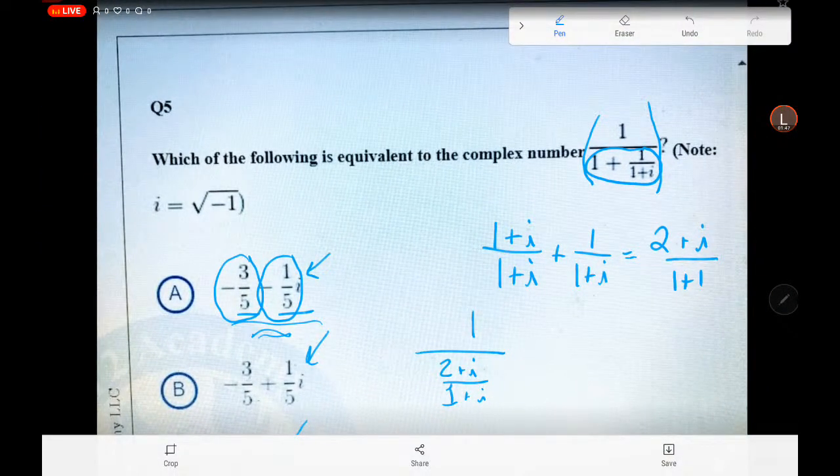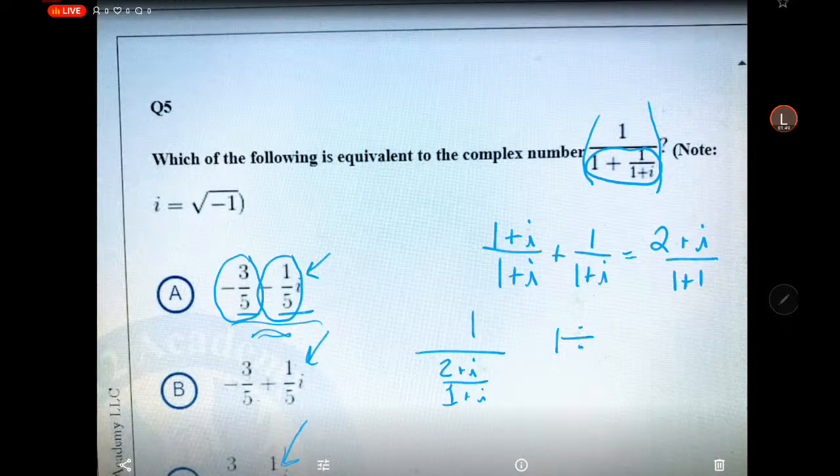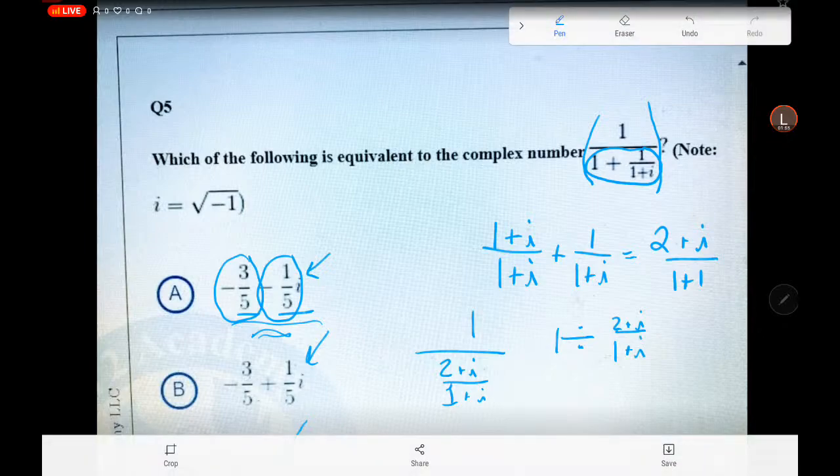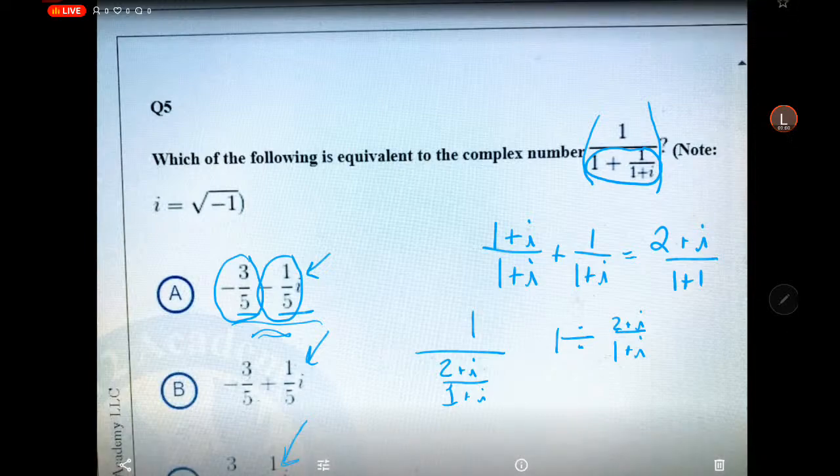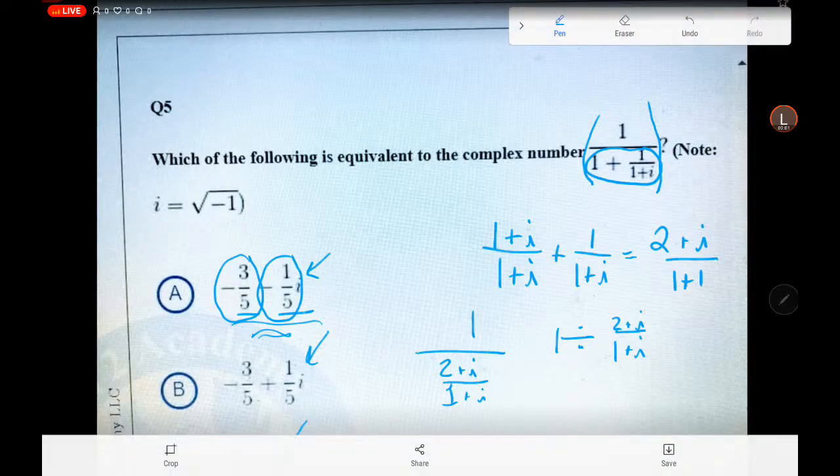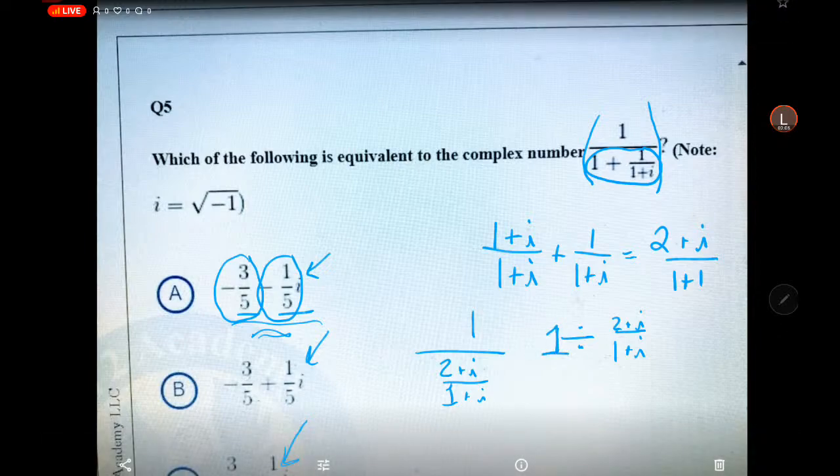This means 1 divided by 2 plus i over 1 plus i. Now, I don't know if you've ever done this. This would have been something probably from a long time ago in school. If you're dividing by a fraction, I heard this phrase from students: keep, change, flip.